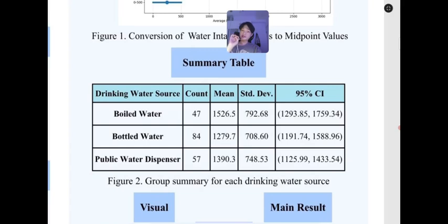Their standard deviations are 792, 700, and 748. Their 95% confidence intervals lie between these two numbers.